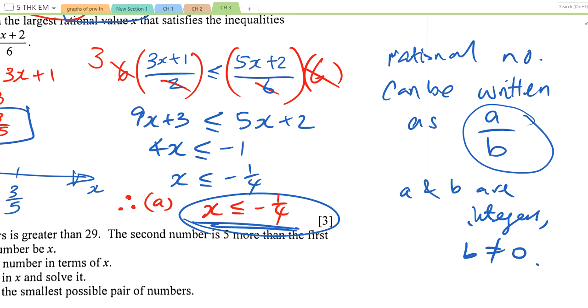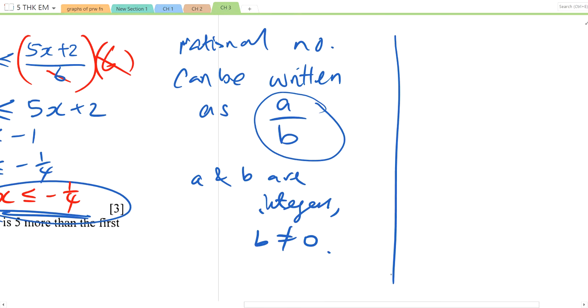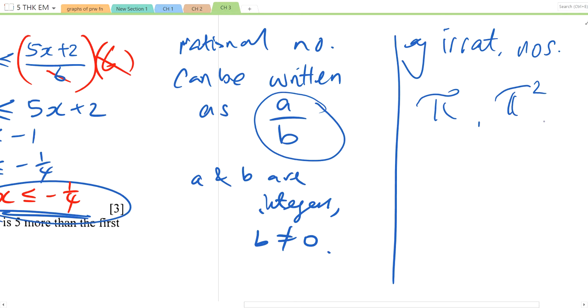What are examples of irrational numbers? Can you give me examples of irrational numbers? Okay, come, example. Pi. Okay, fine. Enough with the pi. What else?